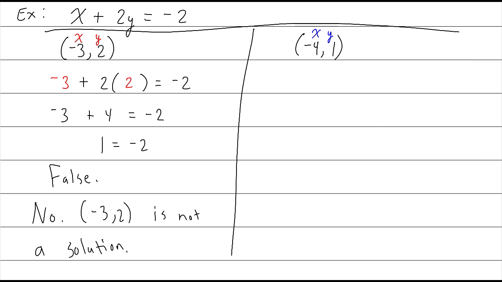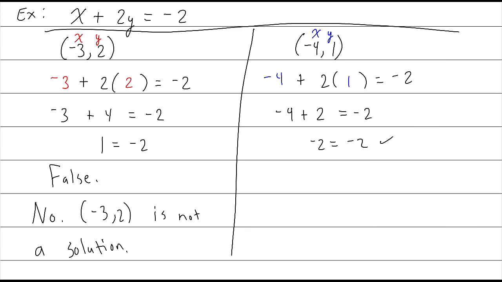All right, so same equation. So x plus 2y equals -2, and we've decided that x is -4 and y is 1. Okay, so -4 plus 2 times 1 is 2 equals -2. -4 plus 2 is -2. So look at this. This actually worked out, right?